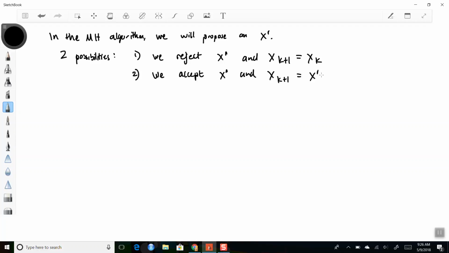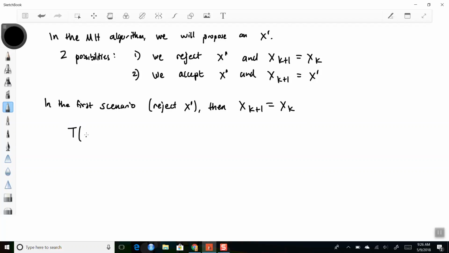All right. So in the first scenario, where we reject x prime, then x_{k+1} is equal to x_k, right? And so it's trivial to show that detailed balance here is satisfied, okay? Because x_k is equal to x_{k+1}.